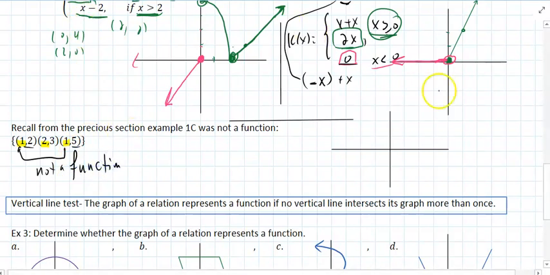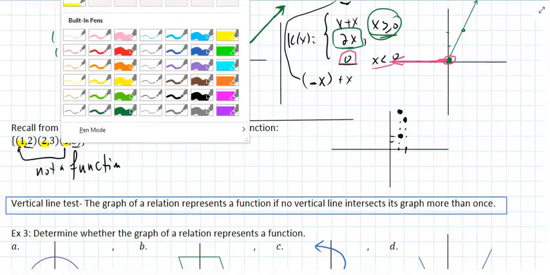If I plot these points, 1, 2, 2, 3, and 1, 5. Do you notice x equals 1?